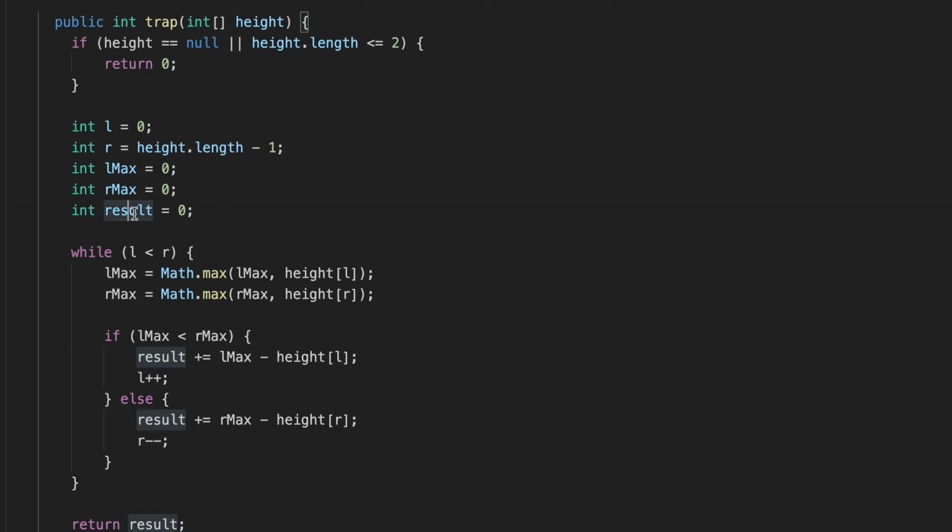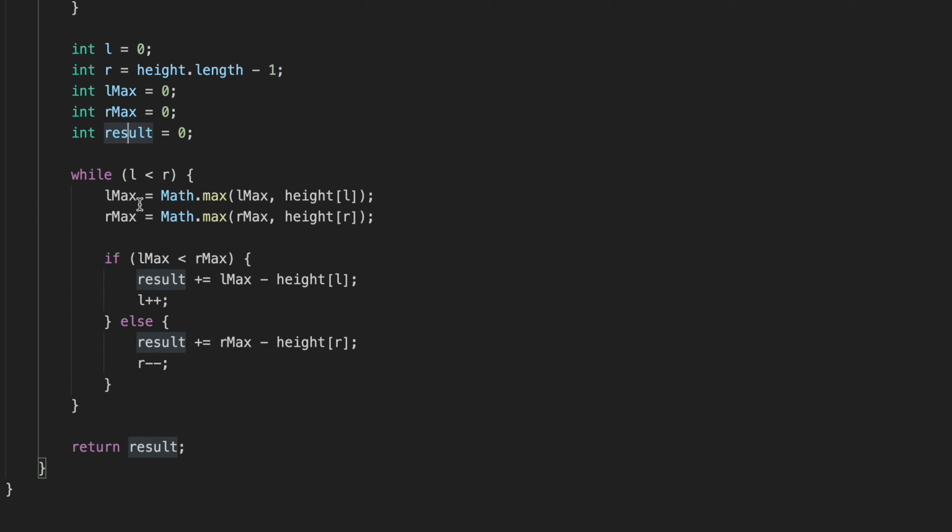While our left is less than our right, we are moving both pointers. First we are updating our Lmax and the Rmax considering the current position. For example, in our scenario, when we start, our Lmax is going to be equal to 0 and our Rmax is going to be equal to 1.